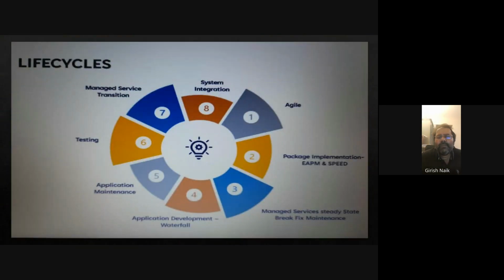When it comes to different project types in the industry, we get different proposals, what we call a request for proposal, with different opportunities from different vendors.